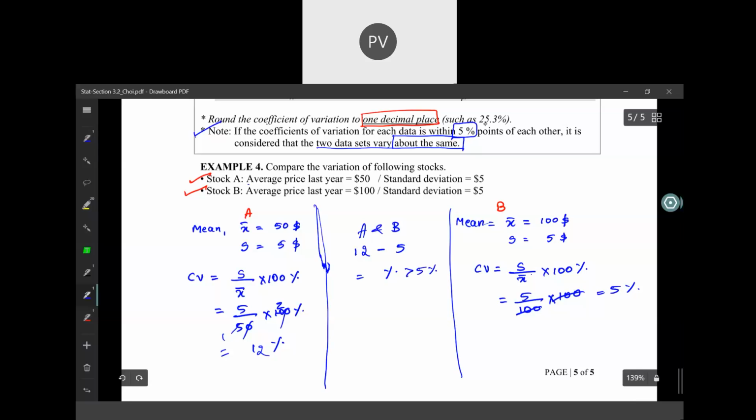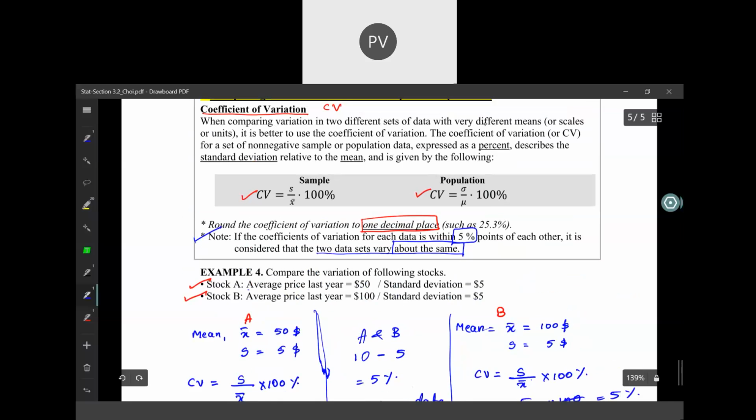Now it is 5 percentage points, which is in the specified range, so the two data sets vary about the same. That concludes section 3.2, measures of variation.